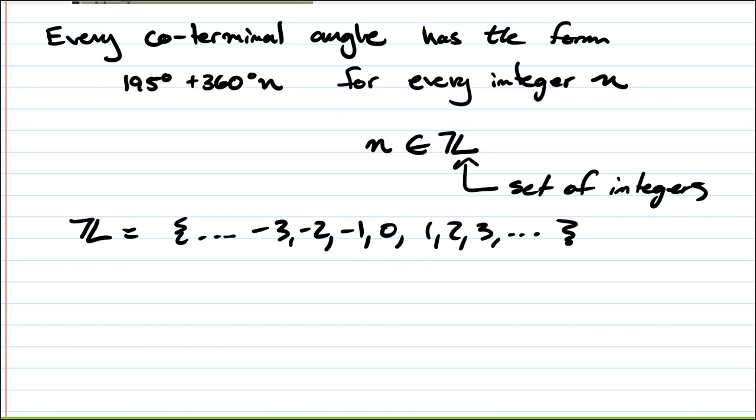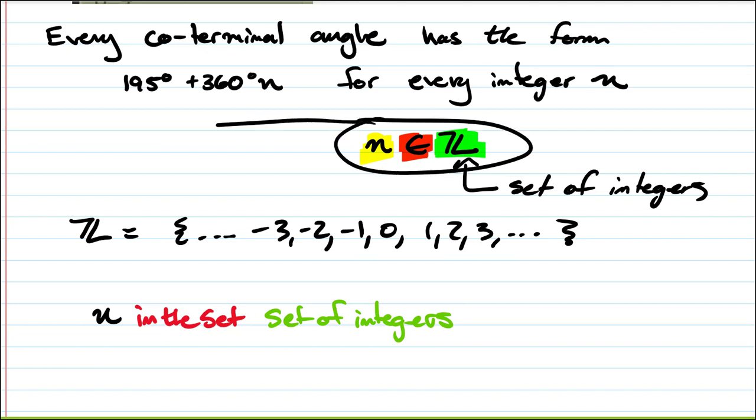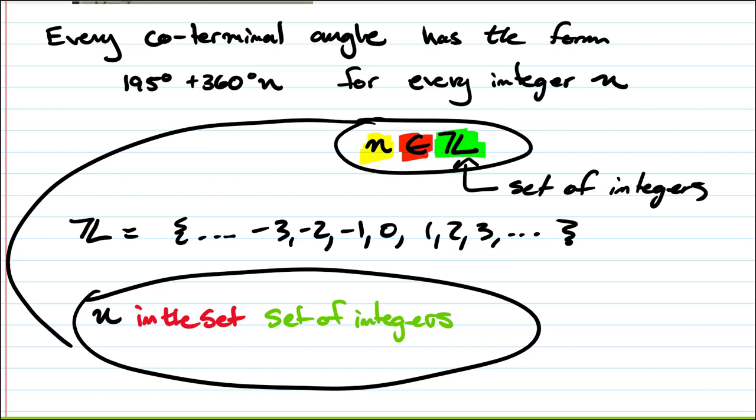So to be very, very explicit, what this phrase means is that it is n, and the red means in the set, and then this is our symbol for the set of integers. So when we see that symbol, or this chain of symbols, that is what it translates into. And we'll have use of this later, and we'll use it as we do some other things.